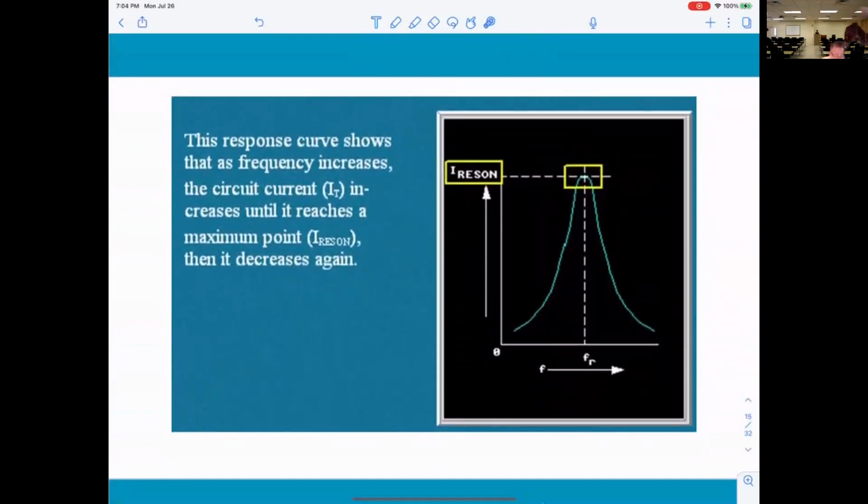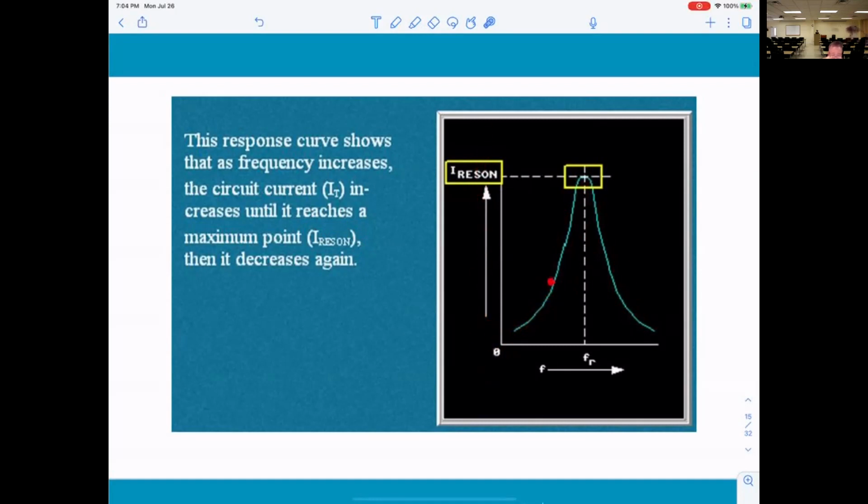In this response curve, as the frequency increases, the circuit current IT increases until it reaches a maximum point. Then it will decrease. So that will be drawn for the current. You know, this will be the current. Okay.